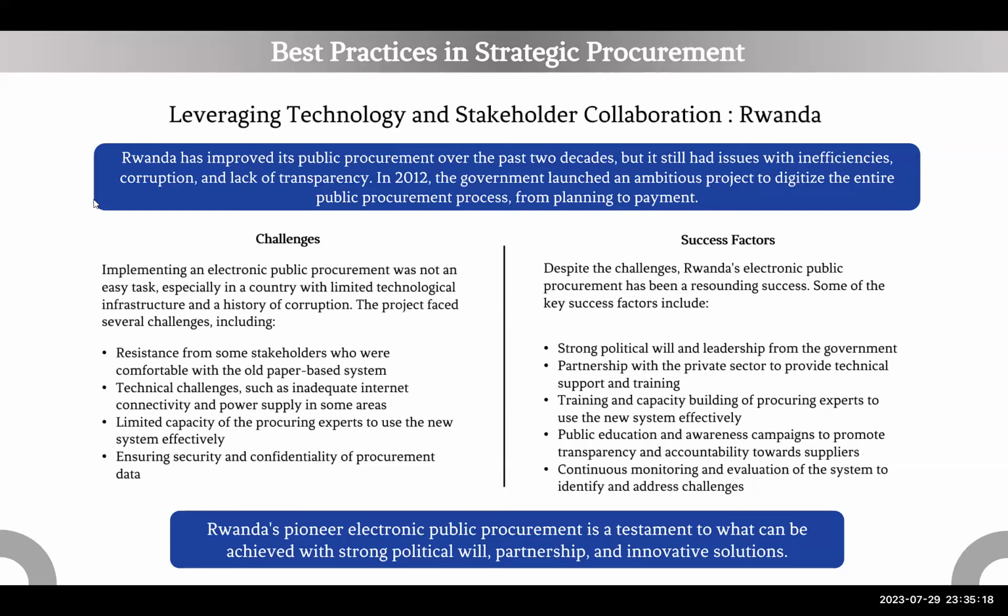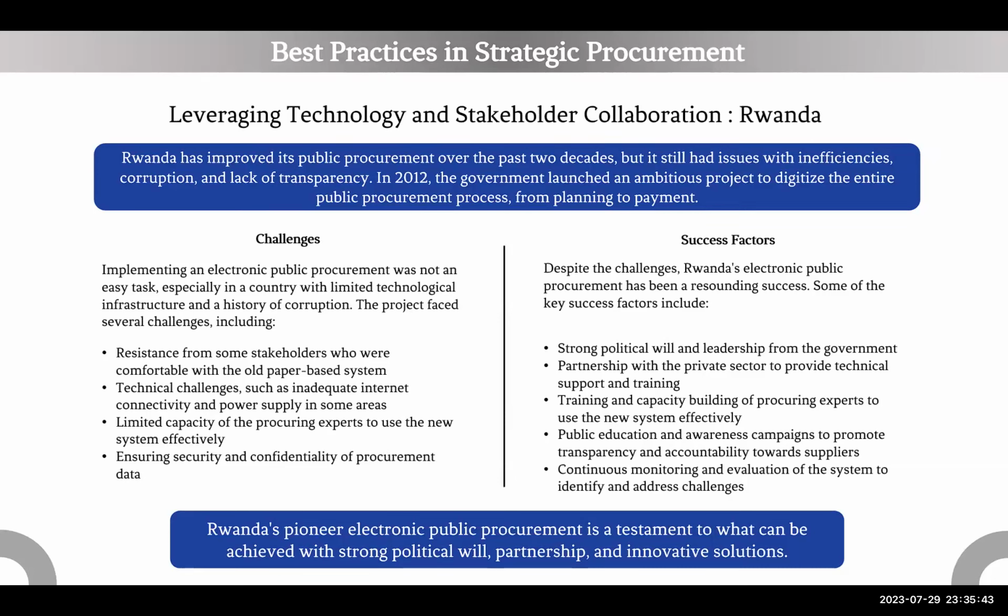So we have these 4 challenges as well. And then a major one is the lack of political will. The government needs to show a strong political will to ensure the success of a public procurement system that's adequate. So we need to add that lack of strong political will to the challenges.